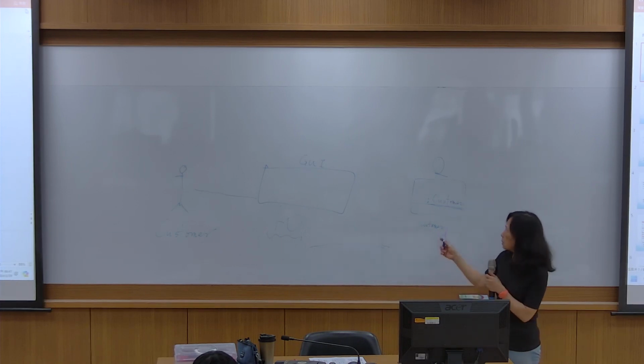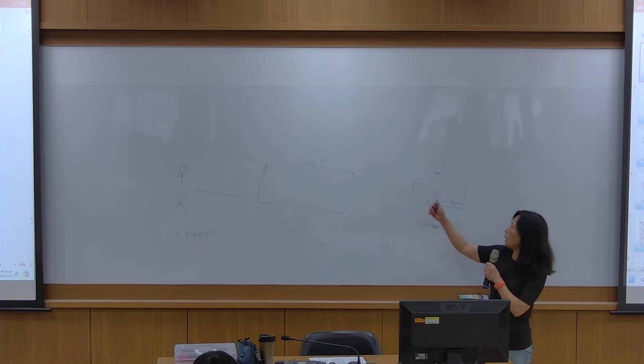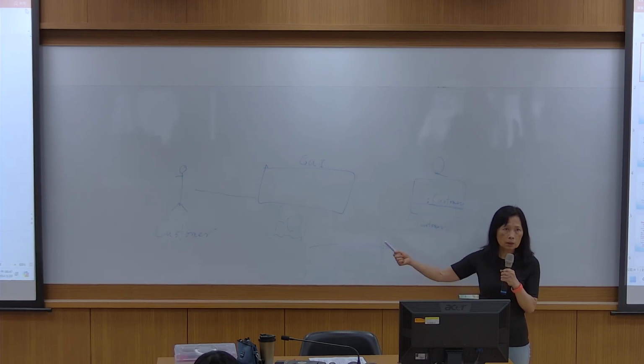And usually the GUI communicates with our entity, or the third row. So we have entity, we have boundary, and what are the other components we may have?